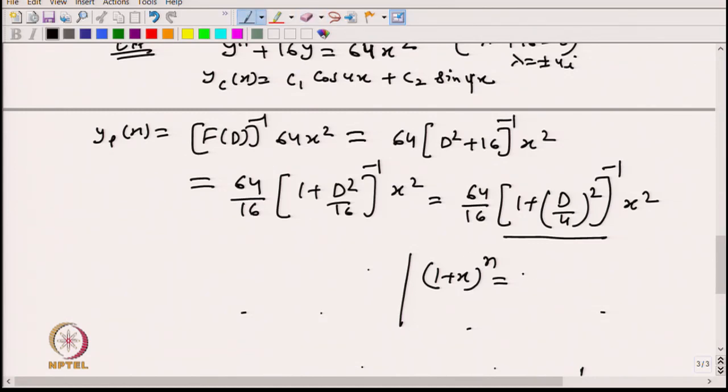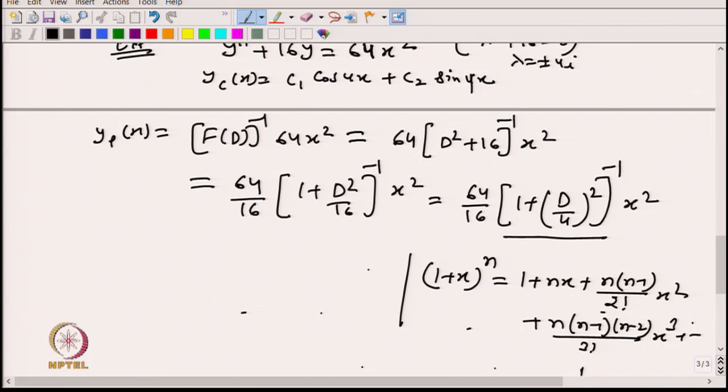So, this can be written as 1 plus n x plus n(n minus 1) by 2 factorial x square plus n(n minus 1)(n minus 2) by 3 factorial x cube and so on. So, we expand this inverse with the help of this binomial expansion.